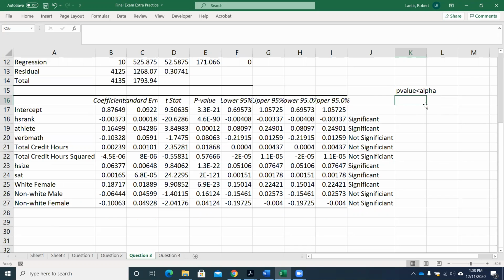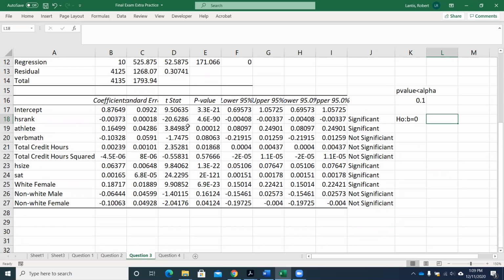Let's say I wanted to know, are these significant at the 10% level or an alpha of 0.1? We look at high school rank, p-value of 0, definitely less than 0.1. So I say there's a significant relationship. I reject the null hypothesis, which is always that the slope coefficient is 0. So if I'm rejecting that, I'm saying there is a significant relationship between this X variable and my Y variable.